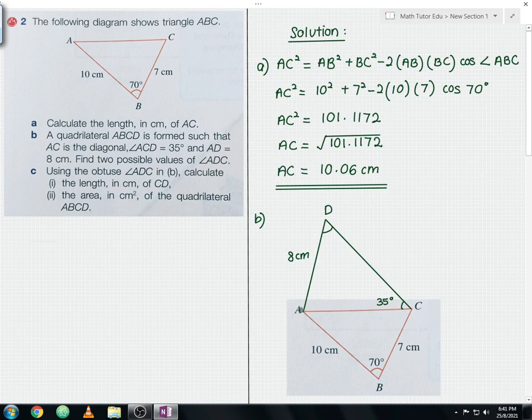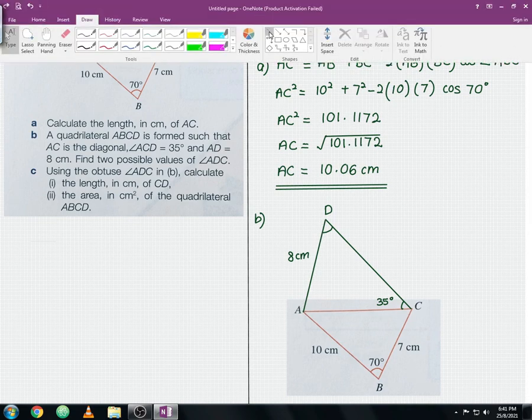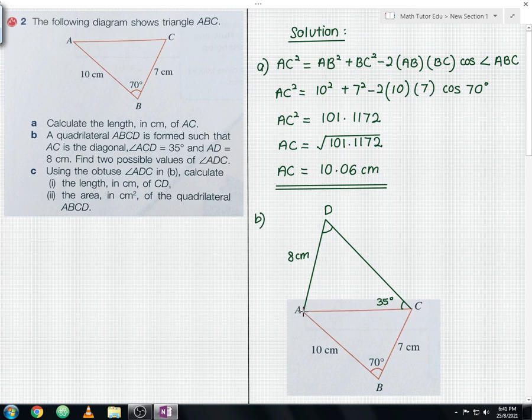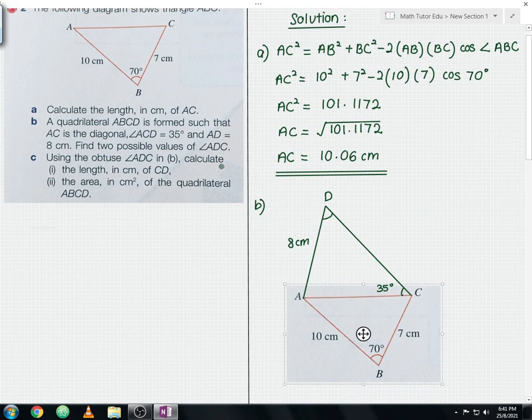Basically your 8 centimeter could be in this way, or your 8 centimeter could be in a way that it will be like this, where you can form your D over here. There are many possibilities. The question didn't mention the angle DAC, so that is the reason why you are going to find two possible values for angle ADC. So I hope that I've been able to clarify your doubts.